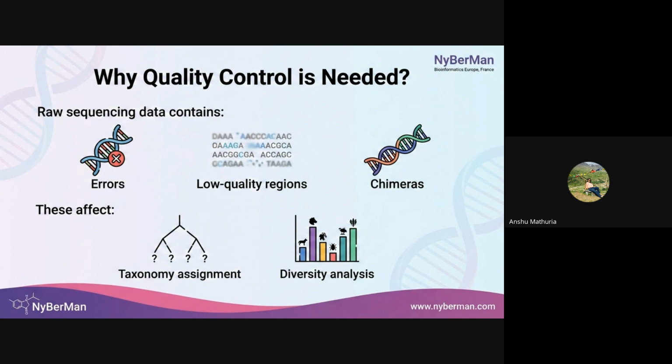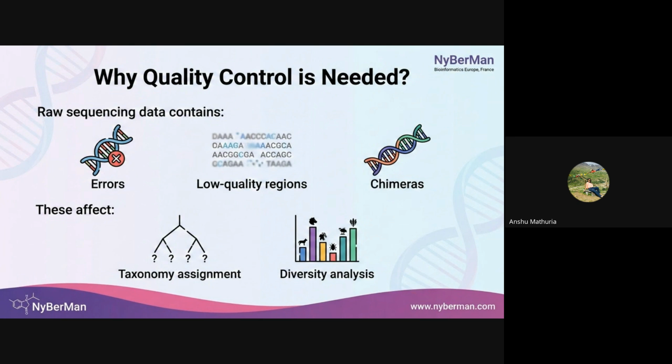There can also be chimeras, that is, artificial sequences generated during PCR amplification, which will hamper our further analysis. All these errors combined can affect our phylogenetic analysis later.